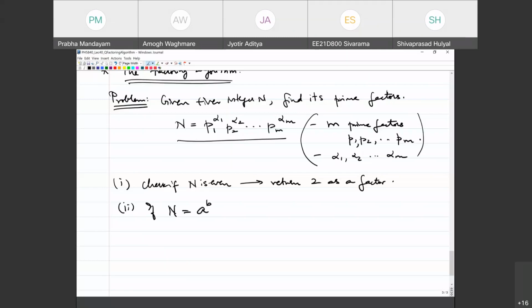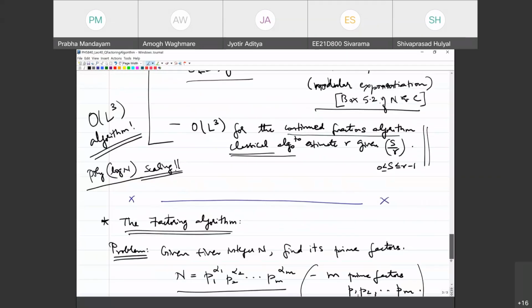Then return a as a factor. Turns out that there is an efficient classical way to do this, and the classical algorithm only requires order L cube operations. By the way, L again we will define to be log n.